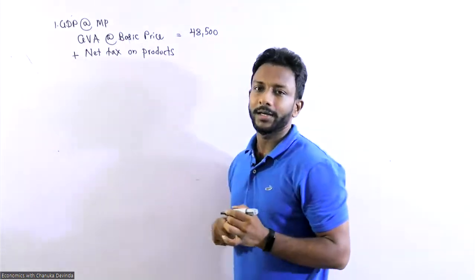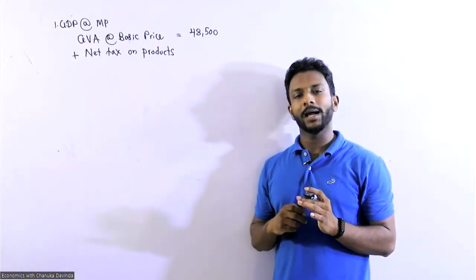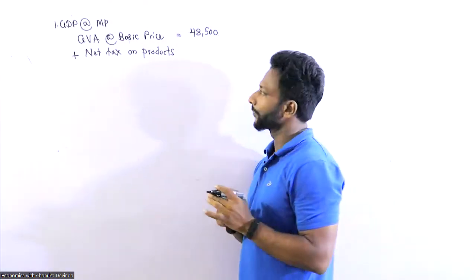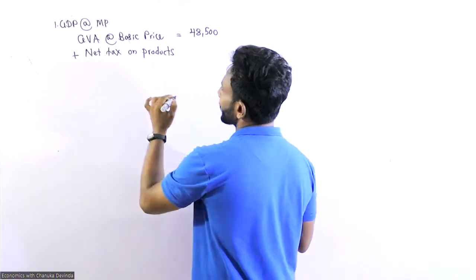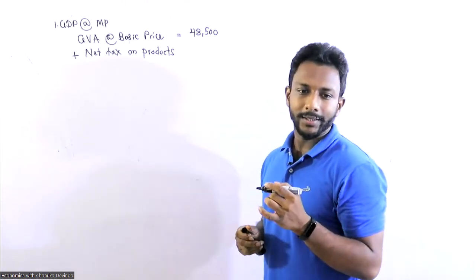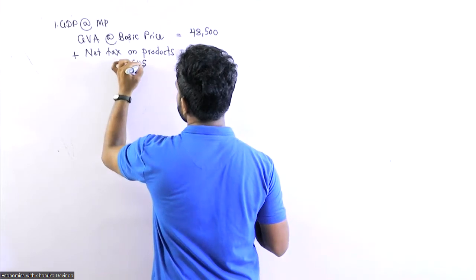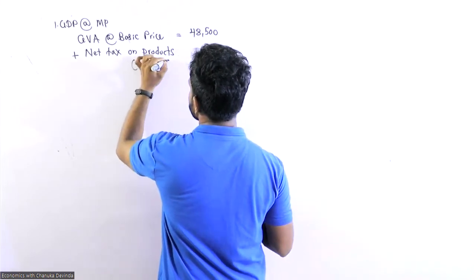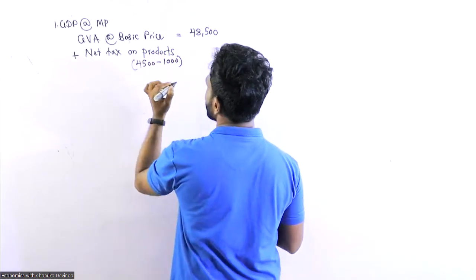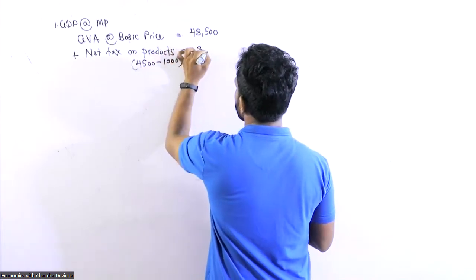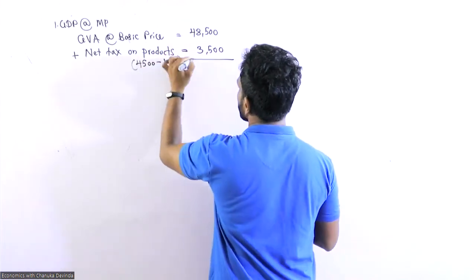We can convert basic price to market price by adding net tax on product. We can take net tax from what is given: taxes charged on product 4,500 minus subsidies on product 1,000, so 3,500.